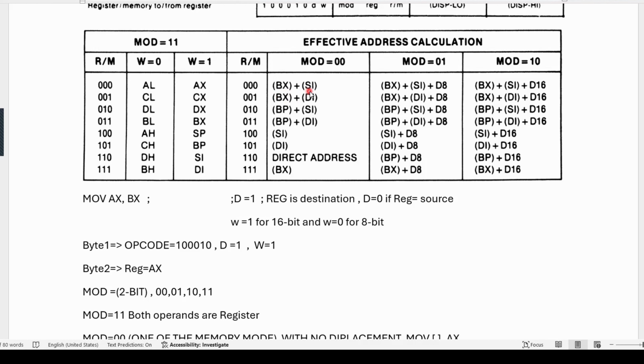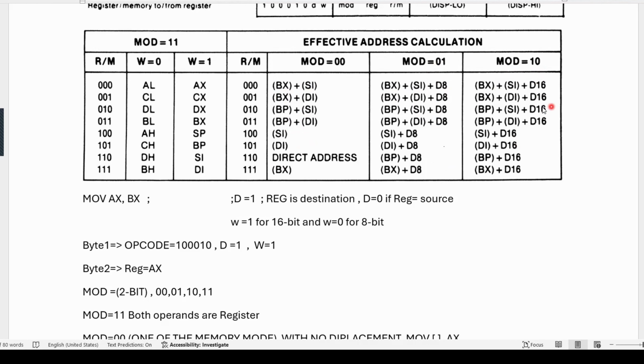BX is in the bracket, SI is in the bracket, base pointer is in the bracket, DI is in the bracket. All of these are in brackets. But if you look at mod equal to 01, which is the third column, you see bracket plus D8. D8 means 8-bit displacement. So this column is for 8-bit displacement. And the fourth one, mod equals to 10, every entry has D16.